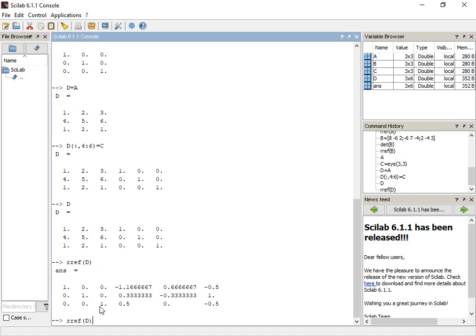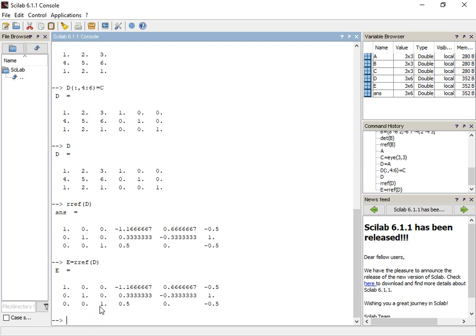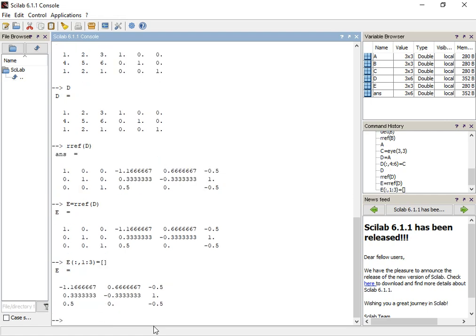So first of all I have to store the RRE form of D as another matrix. Let me say E. Then I remove the first three columns, and the command for doing that is: E in brackets, colon, comma, 1 2 3, bracket complete, equals the empty matrix. So it will remove the first three columns.